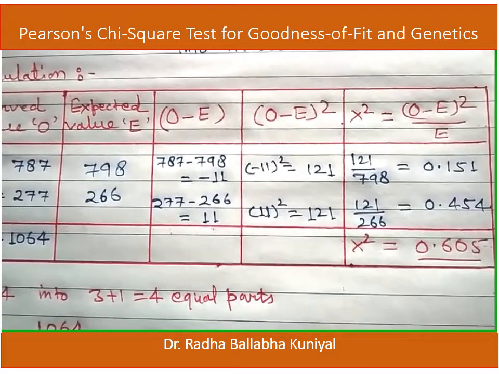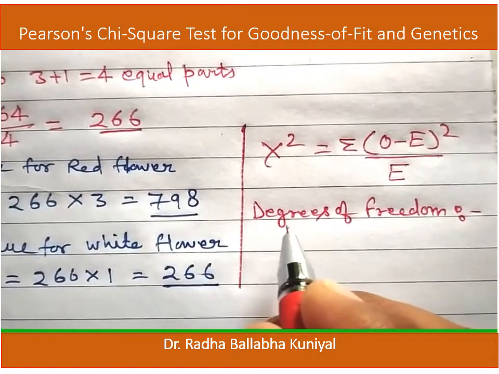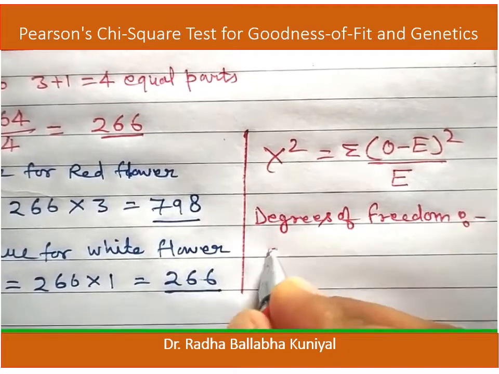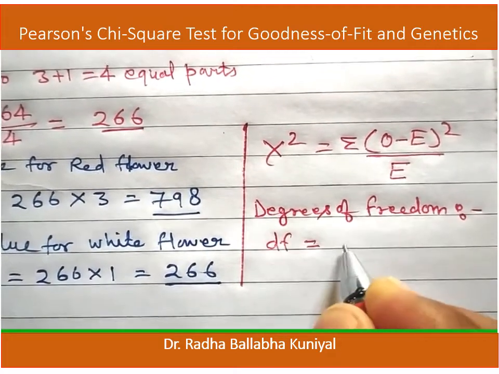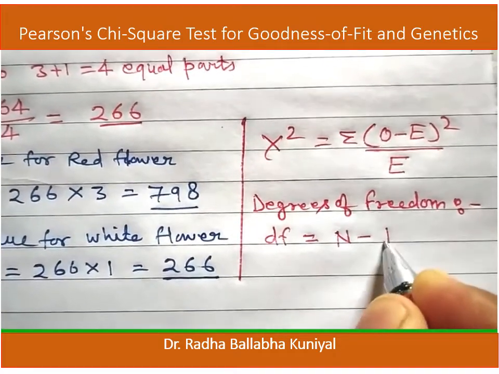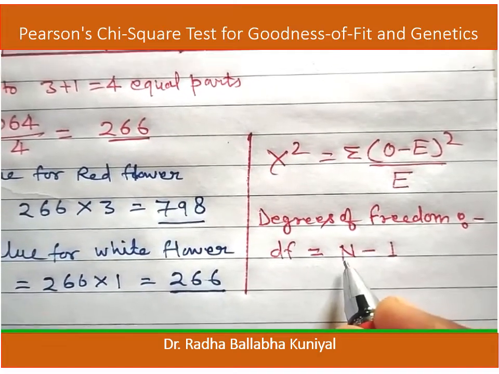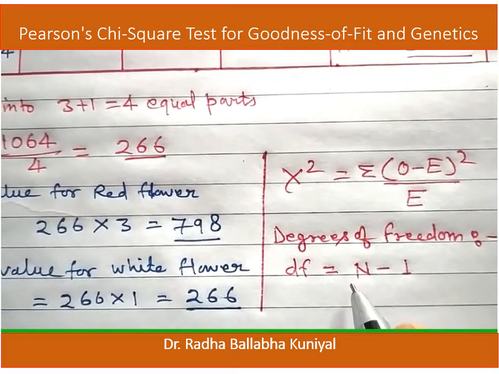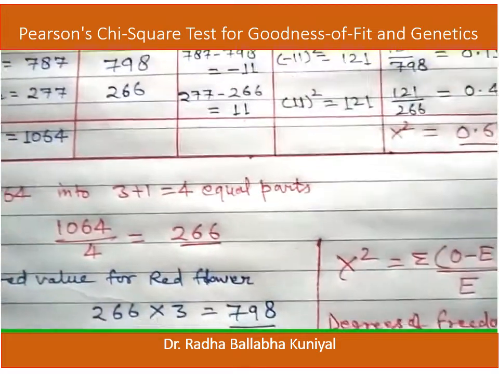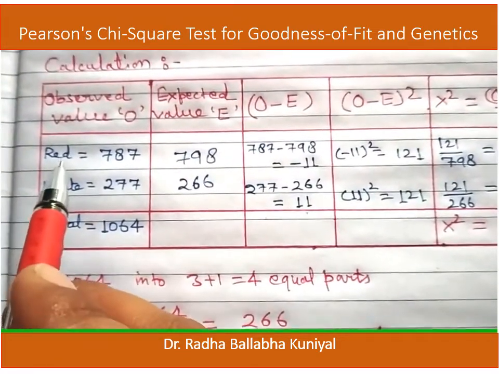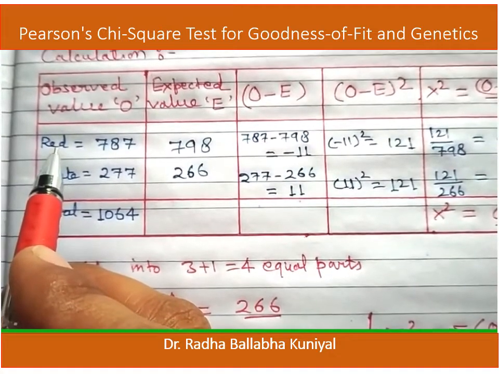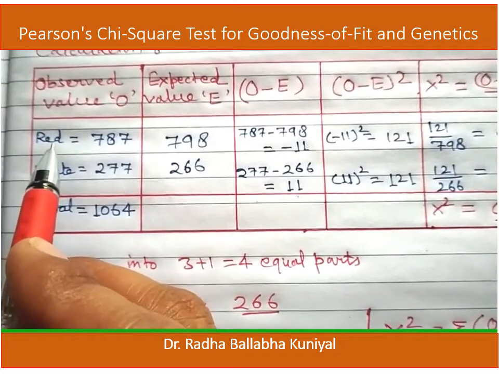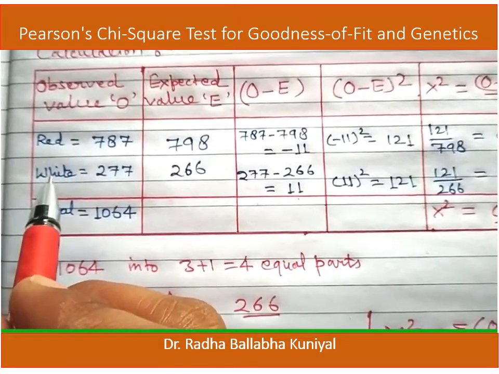Now we have to calculate the degrees of freedom for the given problem by applying the formula df equal to n minus 1, where n is the number of variables or observations in the given problem. Here the number of observations is 2: one is the red flower pea plants and the second is the white flower pea plants.